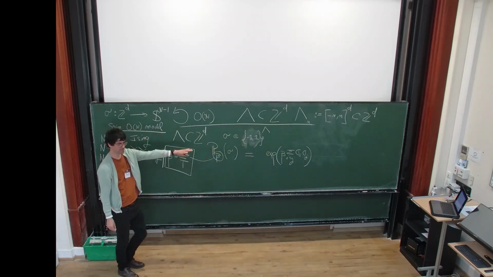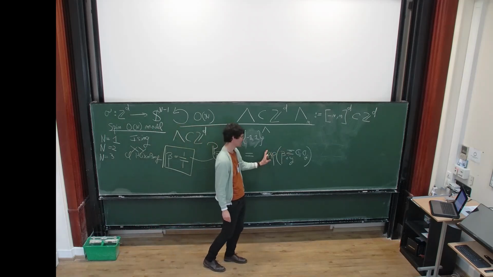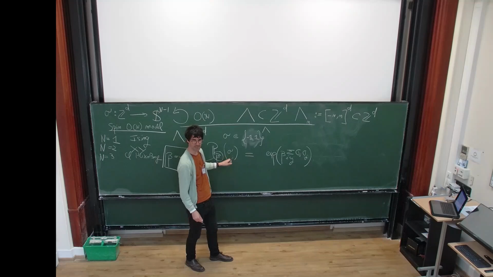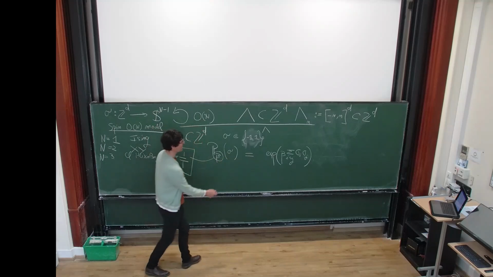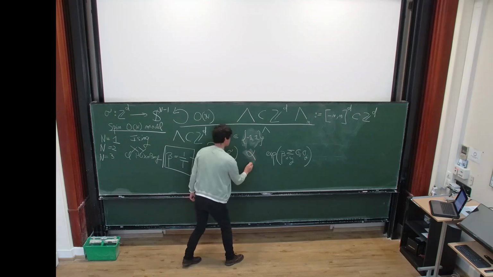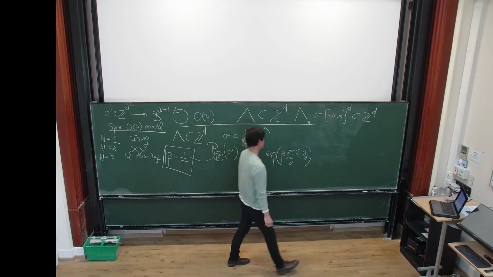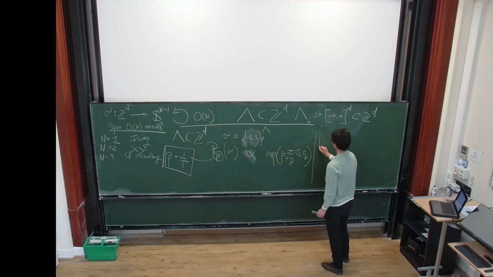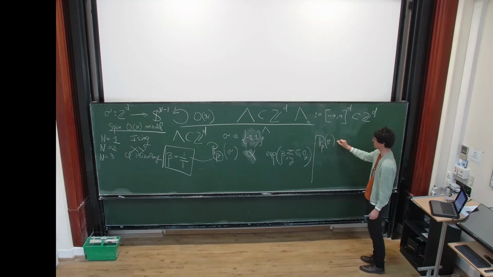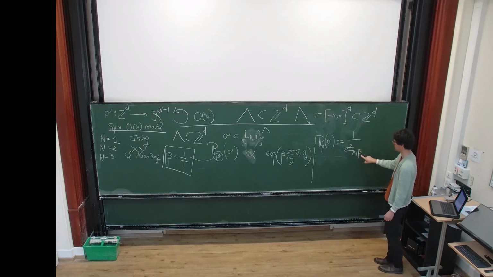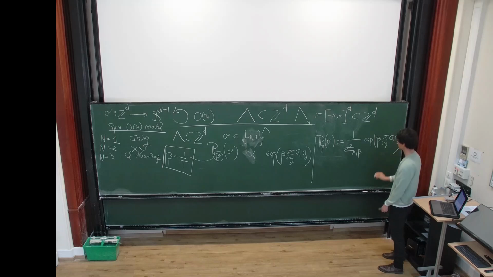If I do this, this is not a probability measure, because when I sum over all sigma in my state space, I will not get 1. So every time in this lecture, when I write that the weight of this is proportional to this, what I will mean is that I want to set the probability of this spin configuration to be 1 over a partition function, which depends on the box and the inverse temperature, times exponential beta sum over i next to j, sigma_i sigma_j.